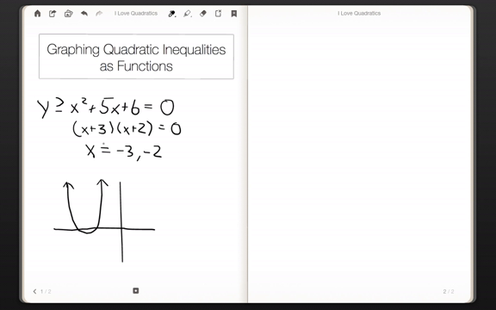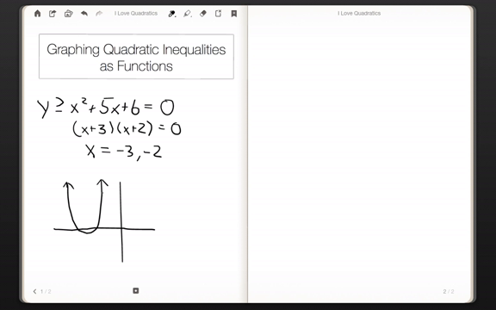And a lot of times people will overcomplicate this with things like test points, plugging numbers in, but really it's very simple. We have y greater than or equal to the expression being represented by the parabola as a function. So where is the y value greater than the parabola? Well, that would be in this area right here.